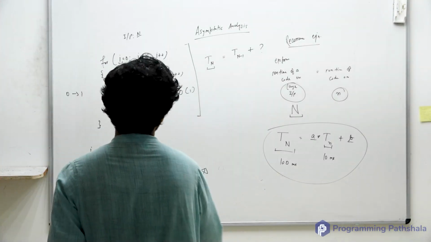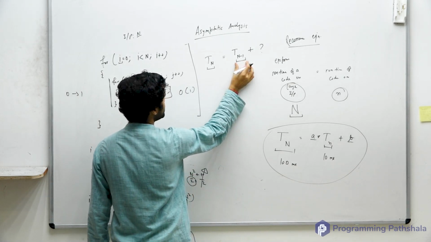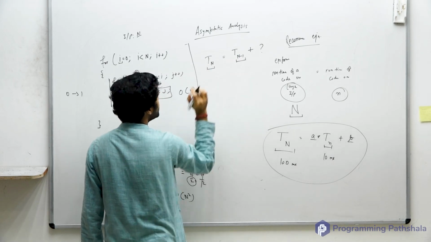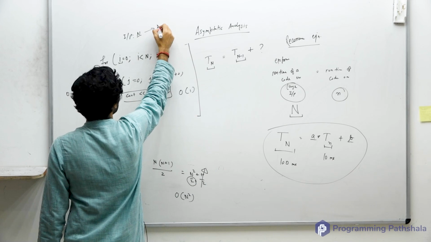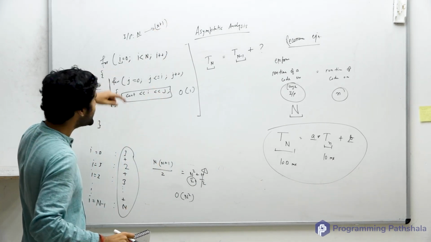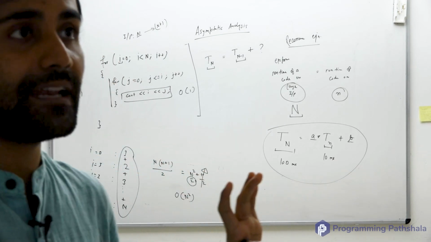So guys, here the input size is 1 unit more than this. It basically says, if I increment my input size from n to n plus 1, how many more iterations are going to happen? You just think like that. Can somebody tell me?